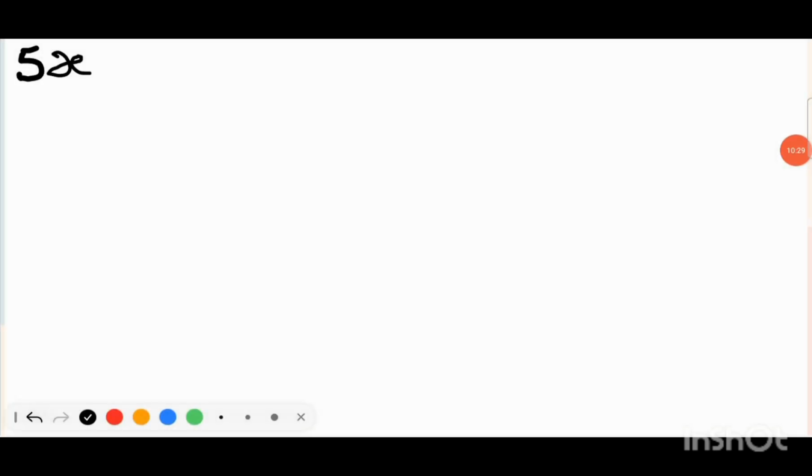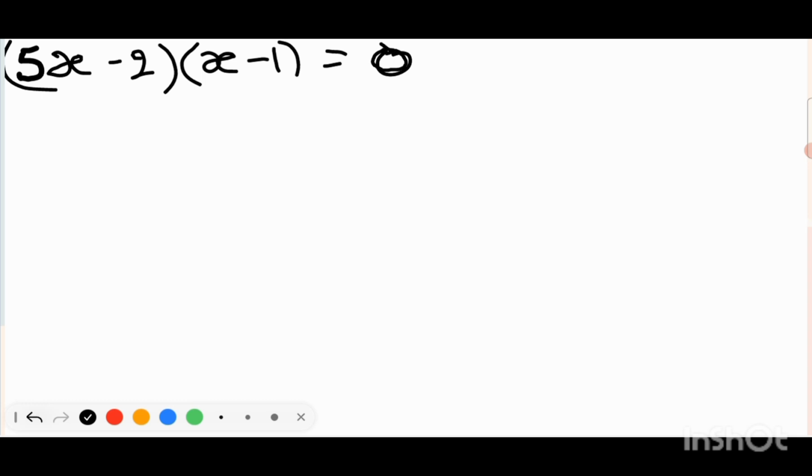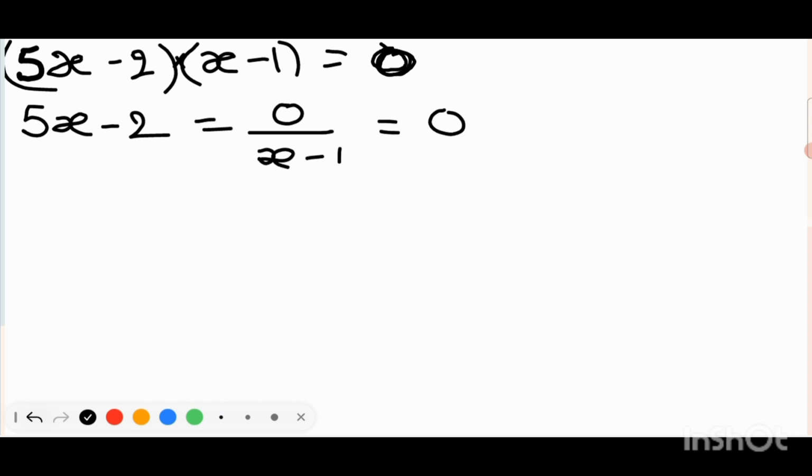We have 5x minus 2 into x minus 1 is equal to 0. Now, if we send x minus 1 to the RHS, here we are multiplying x minus 1 with 5x minus 2, so on sending it to the RHS it becomes division. 0 by x minus 1 is 0, 0 by anything is 0.